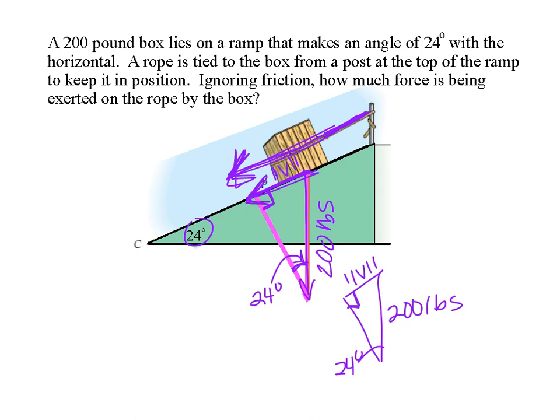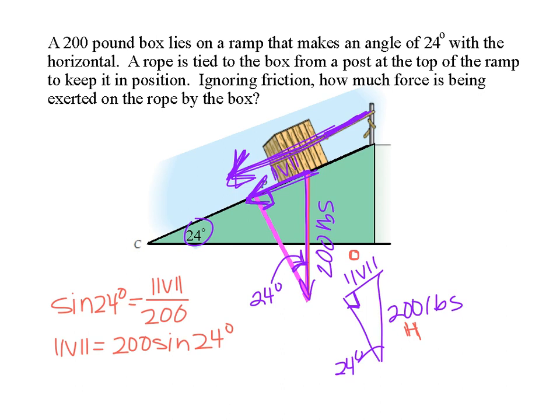We have what appears to be the opposite side and the hypotenuse. So we're comparing opposite and hypotenuse, so we're going to use sine. So sine of 24 degrees equals opposite over hypotenuse. To solve for the magnitude of V, we're just going to multiply the sine of 24 by 200.